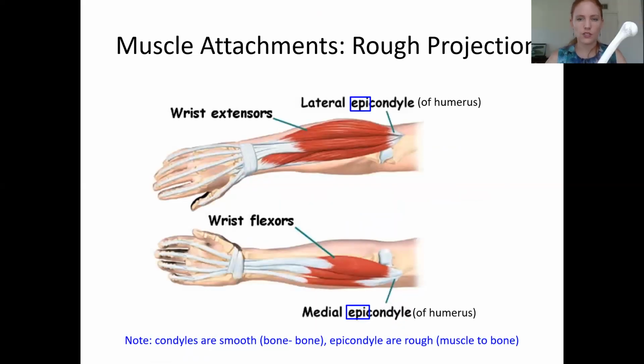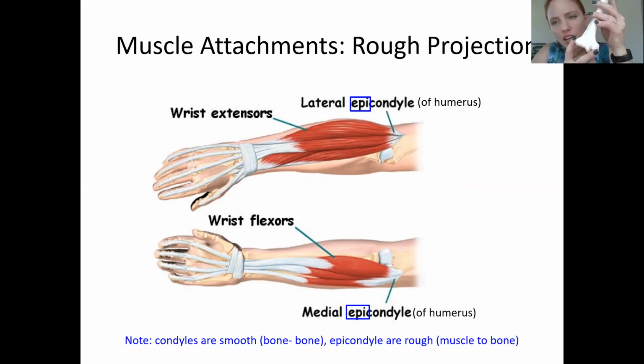Okay, so another pair of rough bumps are the epicondyles. Now, a condyle means a smooth bump for articulations, for bone-to-bone contact. They kind of wore each other smooth. That's how I think of it at least.